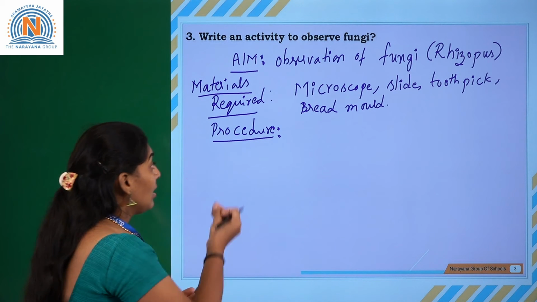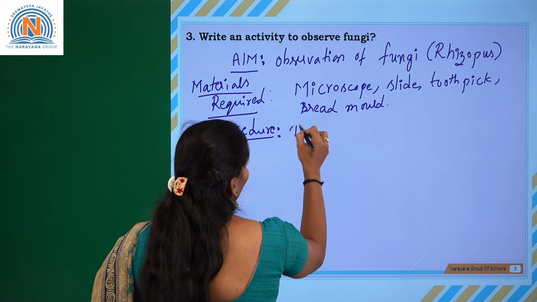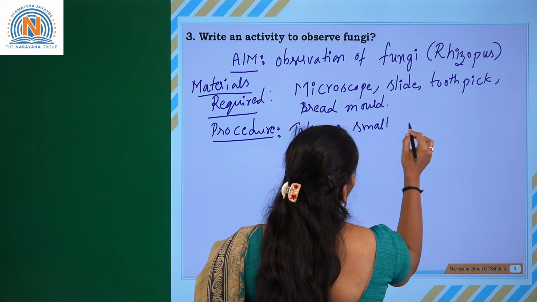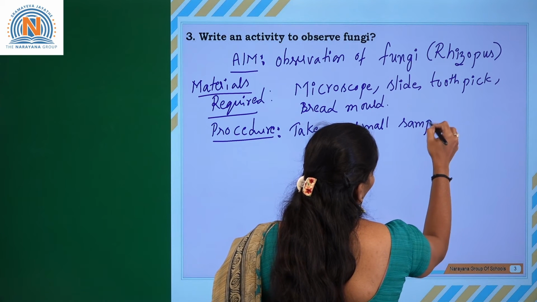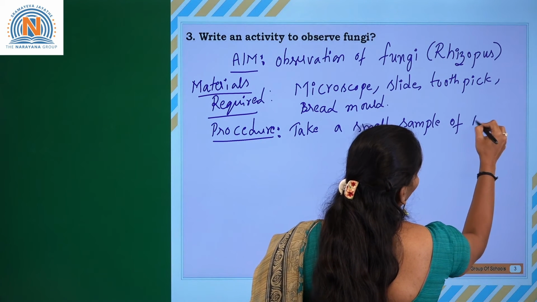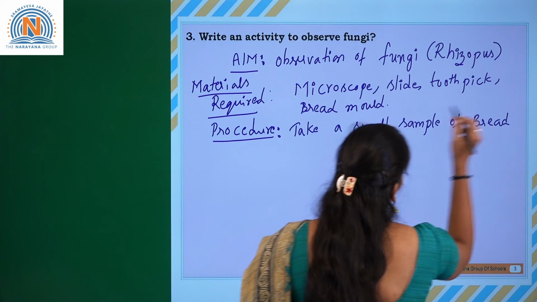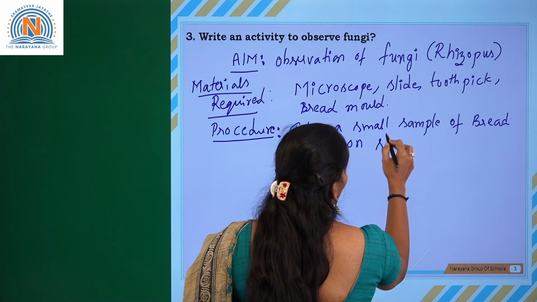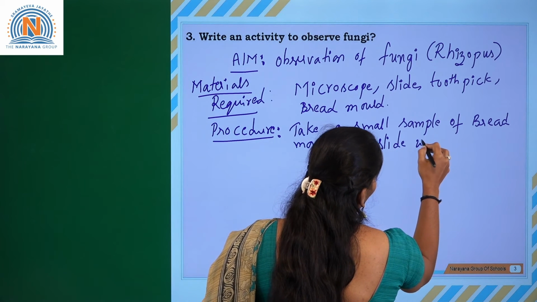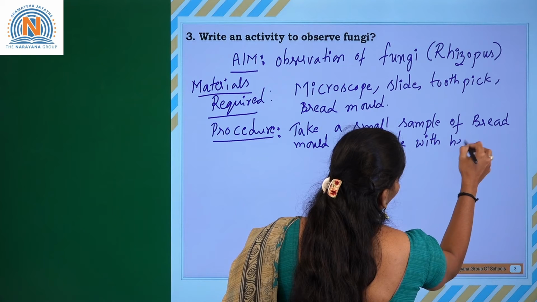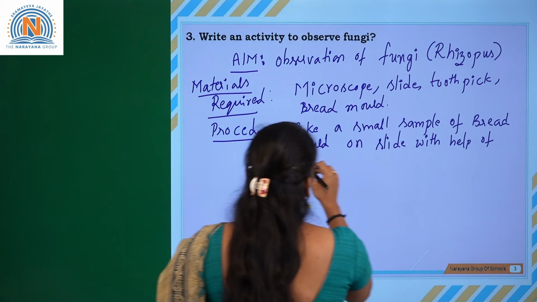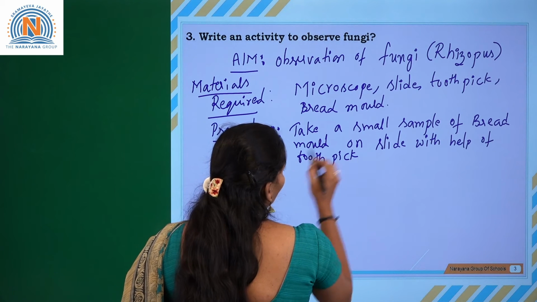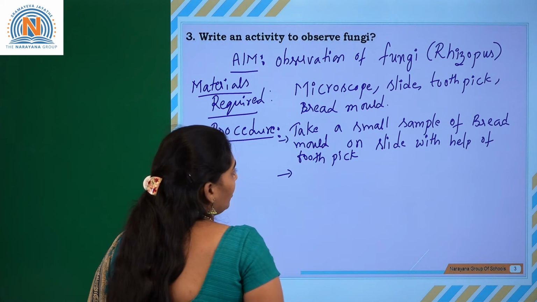So let us write the answer here. Procedure. Take a small sample of bread mold on a slide with the help of a toothpick. Okay. So we'll write the next one.